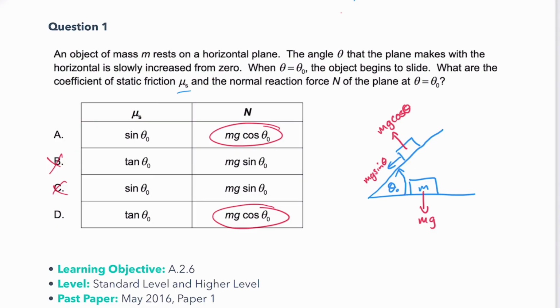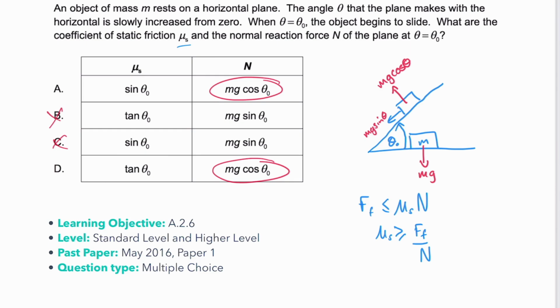Let's look at the coefficient of static friction. There's a formula in the data booklet that looks like this. And we can rearrange that for mu s equals F over N. We know that N is equal to mg cos theta. We've just worked that out.